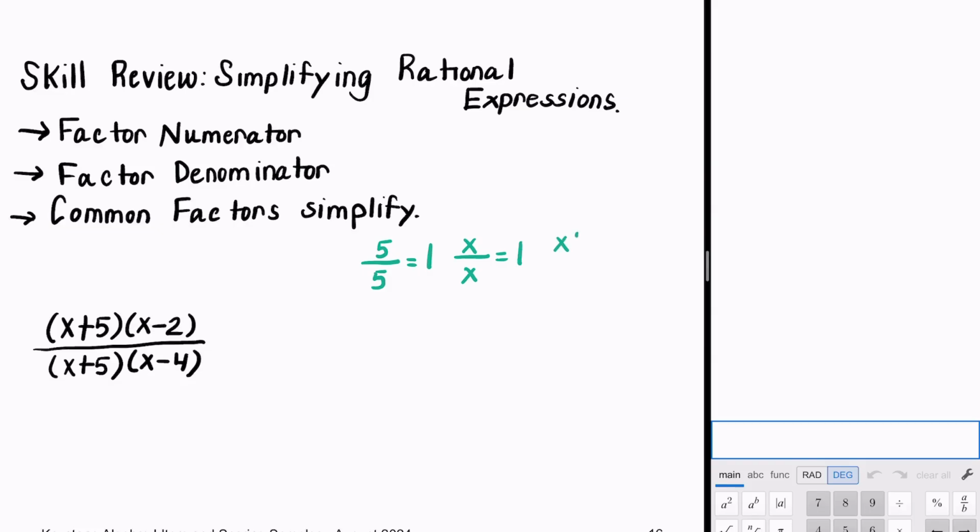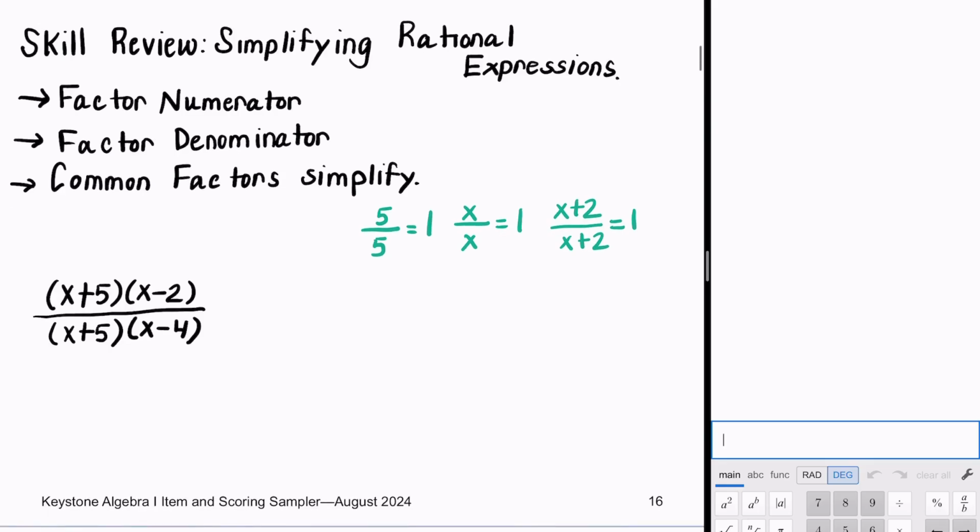And then if I give you something like x plus 2, a quantity, divided by x plus 2, I hope you would recognize, that's something divided by its identical self, so that also equals 1. So that's what we're doing when we are looking for common factors as a refresher. We are looking for identical factors in the numerator and denominator because when we divide them, they simplify to 1, so we can eliminate them and simplify the expression that we have.